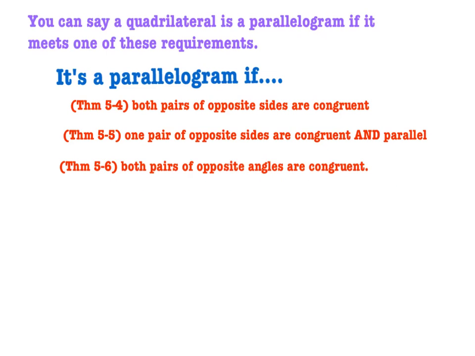Now there's actually just one more, and this one is theorem 5-7, and theorem 5-7 says it's a parallelogram if the diagonals bisect each other, then it is a parallelogram. So if the diagonals bisect each other, then it is a parallelogram.